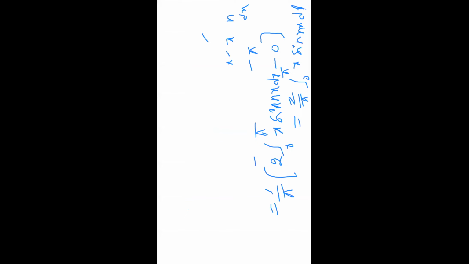So the value is 2 by pi integral 0 to pi x sin nx dx. So we have to calculate the function using the Euler principle. Taking the Euler principle, we give the preference to x, taking x directly and applying the derivative. So 2 by pi is constant.